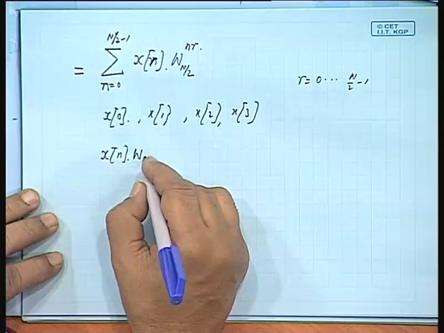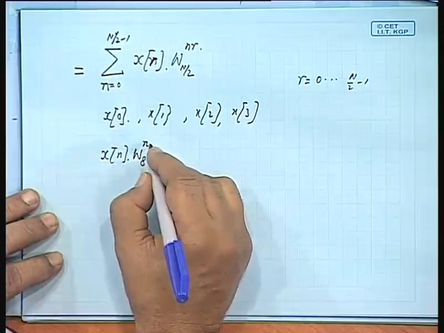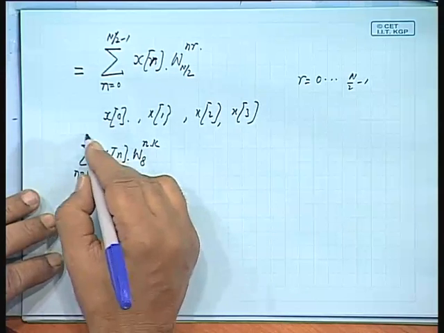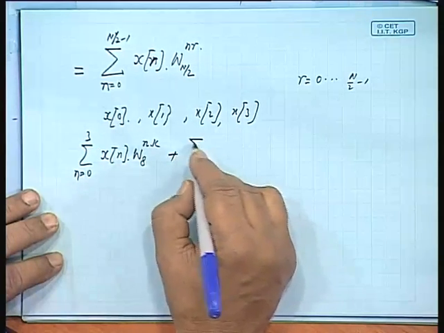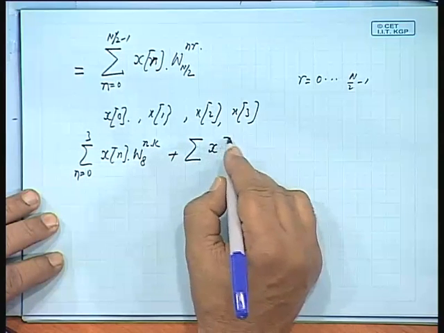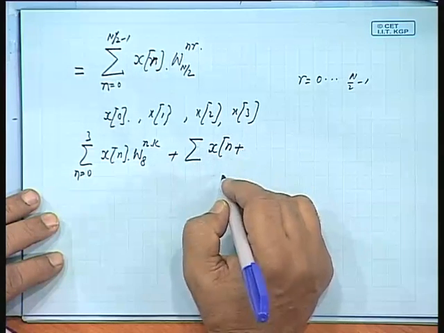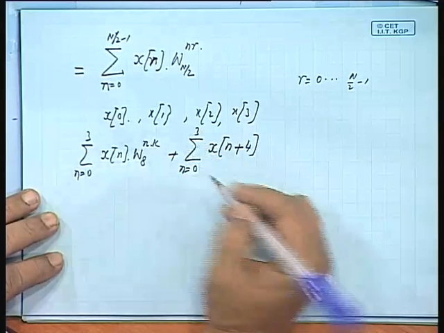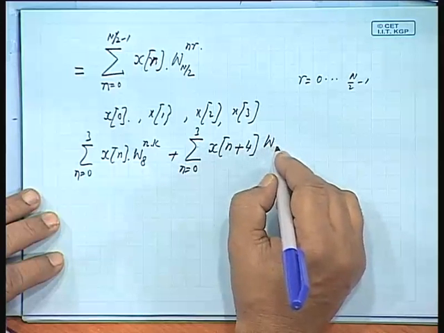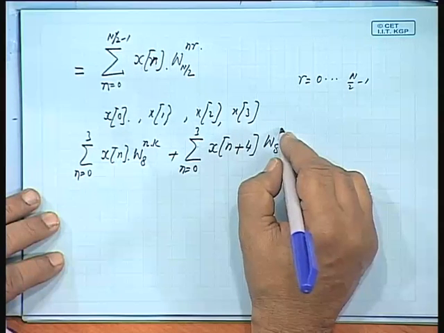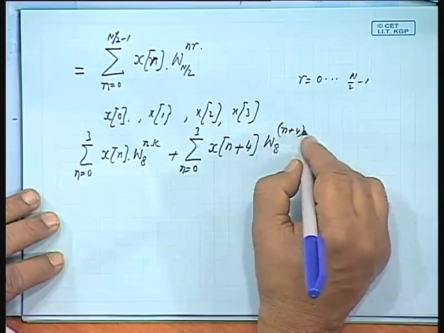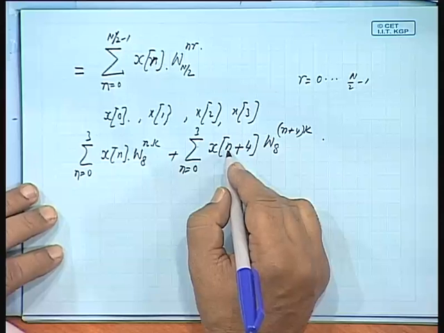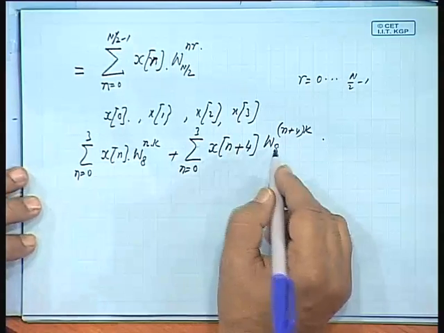So, it will be W 8 n k, but n varies from 0 to 3. And then the second part will be x n plus 4, again n varying from 0 to 3, with W 8 n plus 4 into k. So, that will be taking care of 4, 5, 6, 7.